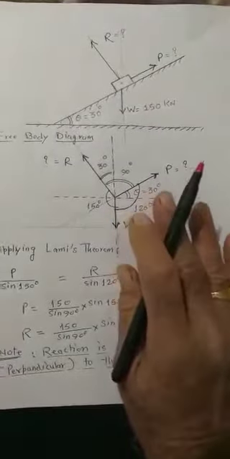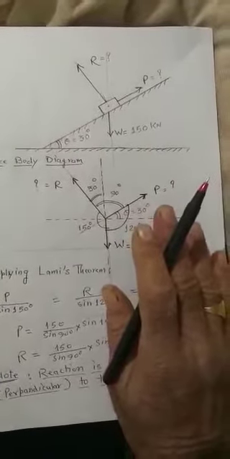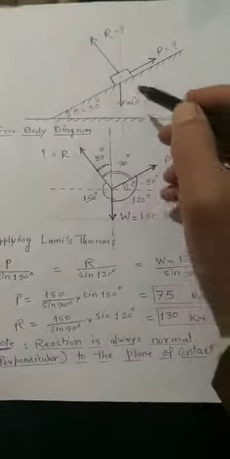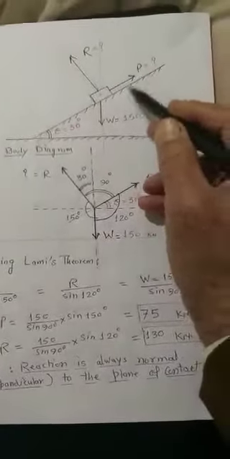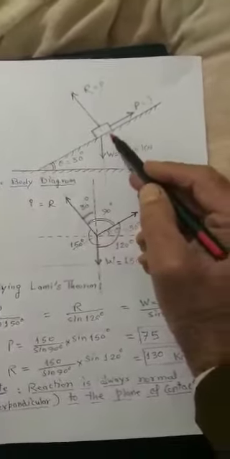Always keep in mind that when we are calculating the reaction over the body, it is always normal or perpendicular to the plane of contact. Now, once we know this fact, to this line we have drawn a perpendicular line, which is the reaction given by the sloping ground.